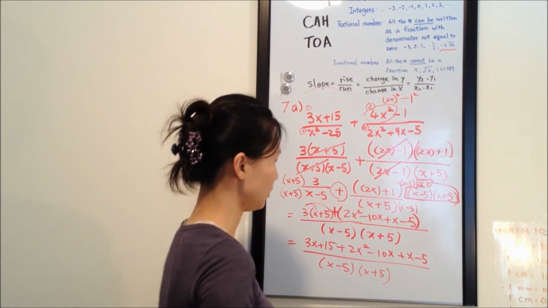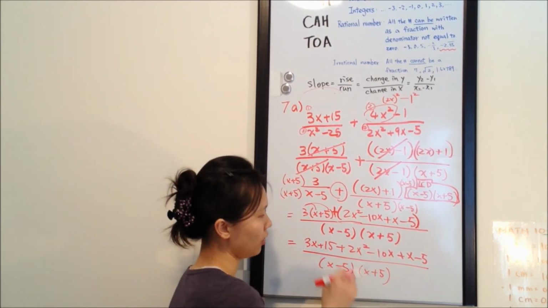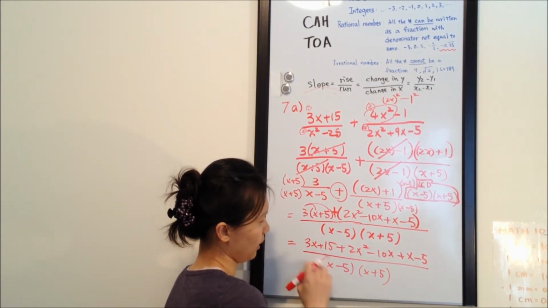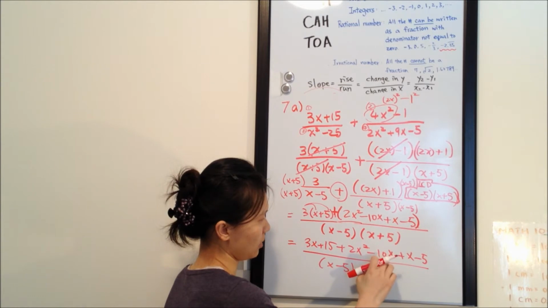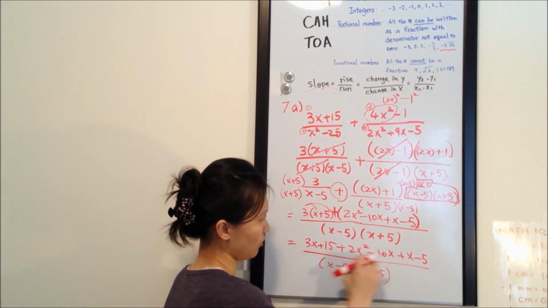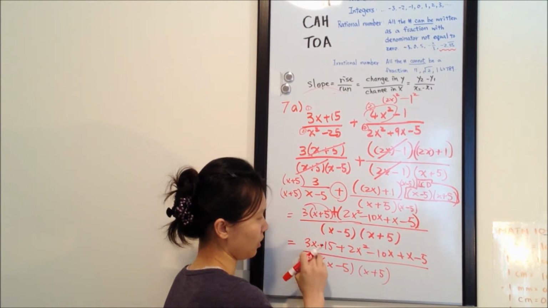Alright, and we have to rearrange them, right? So it's going to be 2x squared, that will be the first. And then 3x minus 10x plus x. So that one is going to give me negative 9, negative 6.